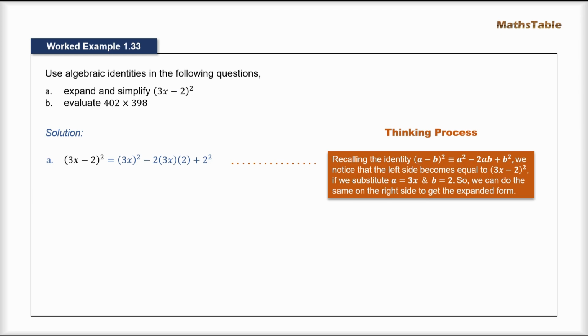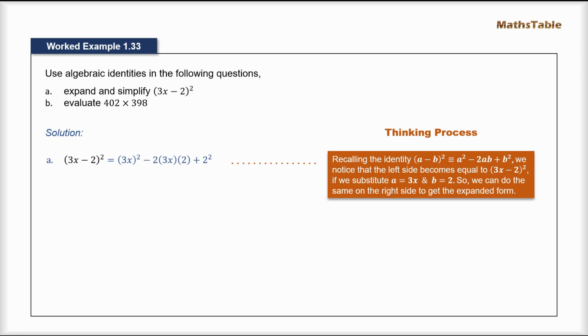Here we can see that the left-hand side will become equal to this given expression if we substitute 3x in place of a and 2 in place of b. So if we do that on the left-hand side, the same goes with the right-hand side. So 3x minus 2 whole square can be written as a square minus 2ab plus b square, just as in this identity.